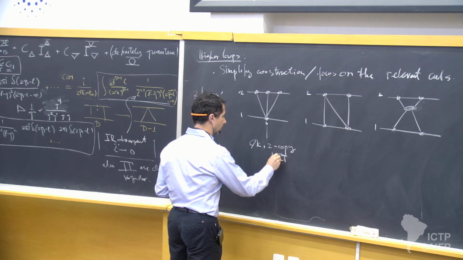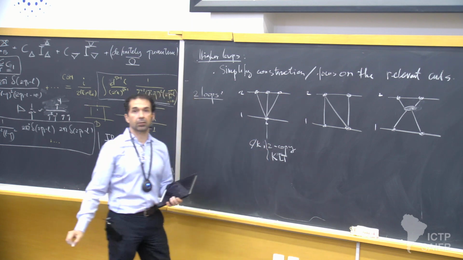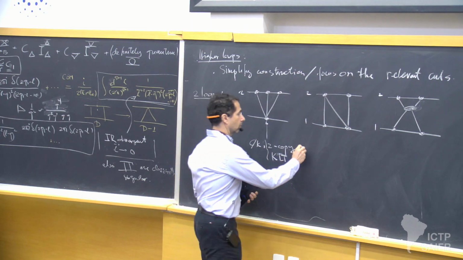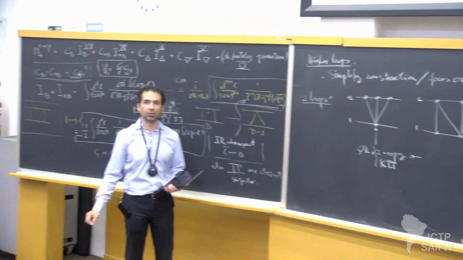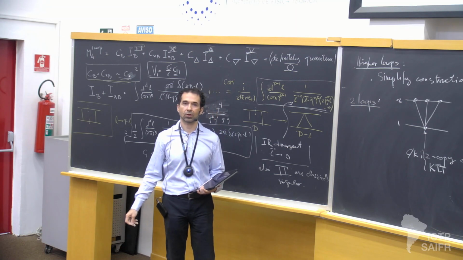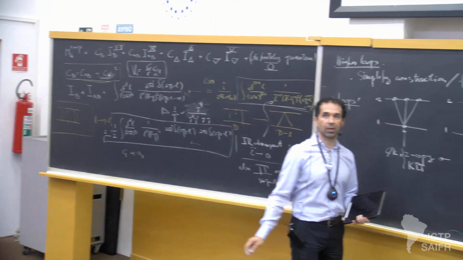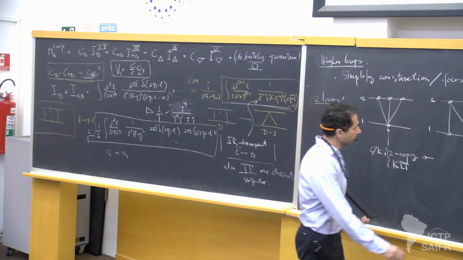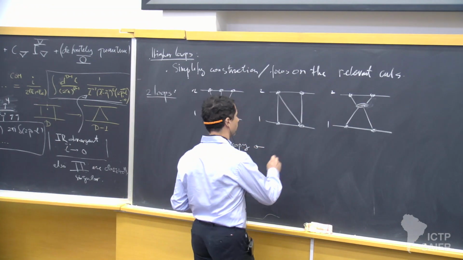If you like to play with graphs, then I would strongly advise to use the BCJ form, because KLT produces all sorts of poles that don't belong, as you perhaps saw if you attempted to solve the exercise that I left yesterday. So you need to take a KLT expression and massage it such that you expose poles. And yeah, so this is how we construct these things.